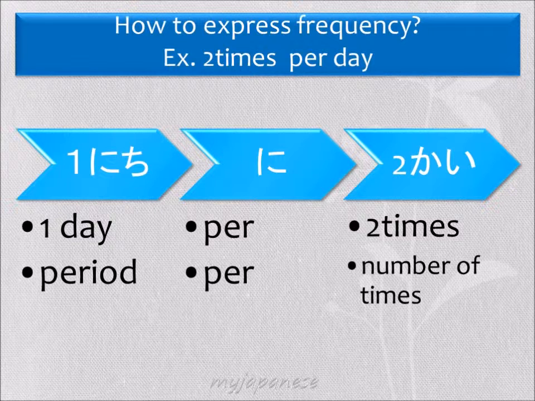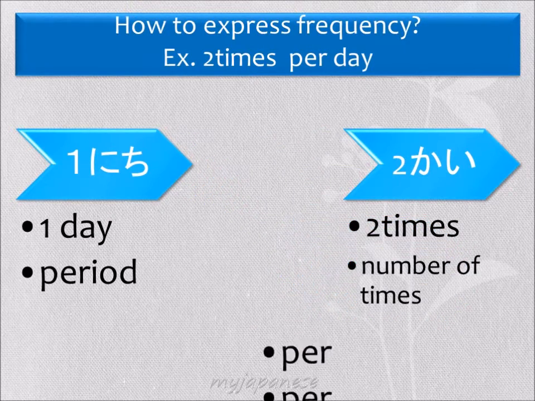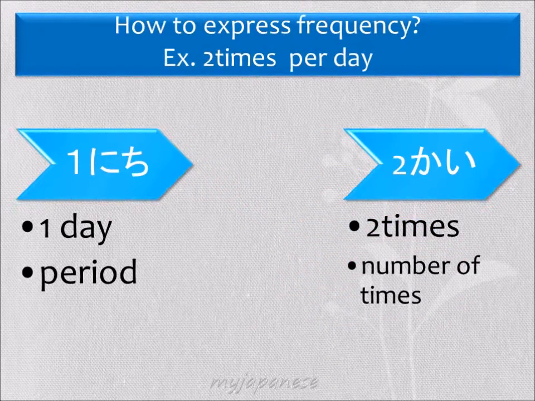Here are a few reminders. Number 1, usually, if the period is 1 year, 1 month, and 1 week, we can skip 1. But as for day, you don't skip 1. There is another way to skip 1, but here we don't. Number 2, sometimes we skip particle ni and say 1日2回, especially in casual conversation.